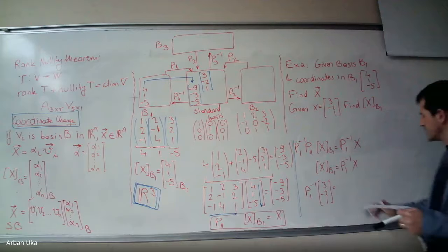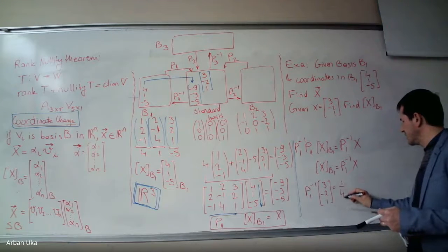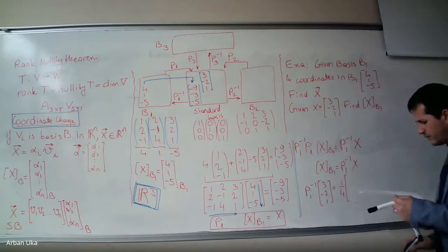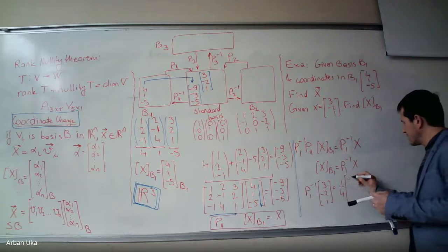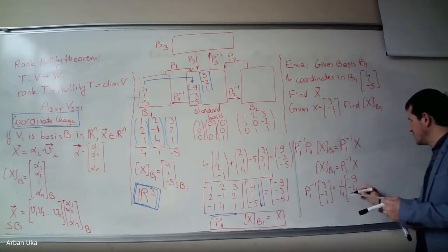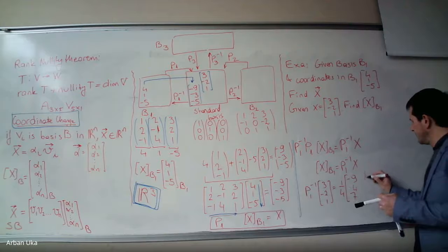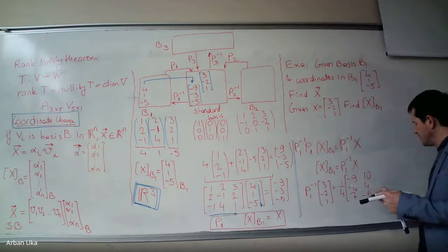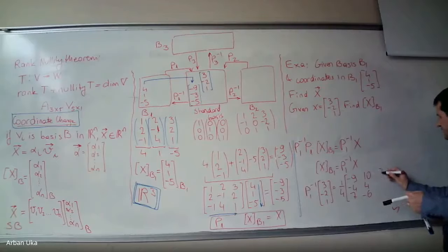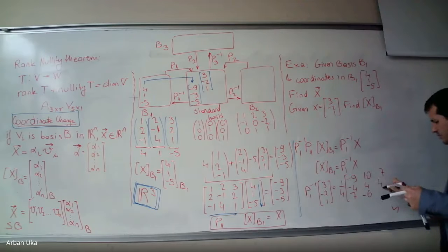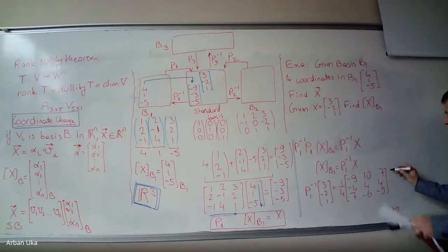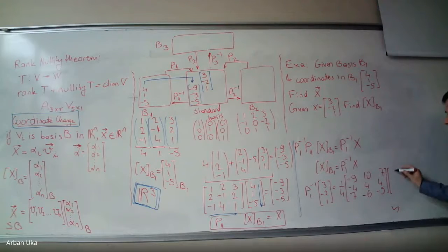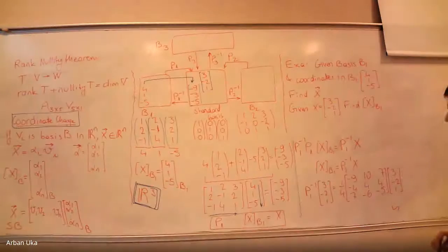Now, P inverse is equal to 1 over 4 times the matrix with rows minus 9, minus 4, 7; 10, 4, minus 6; 7, 4, minus 5; times 3, minus 2, 1. Okay?